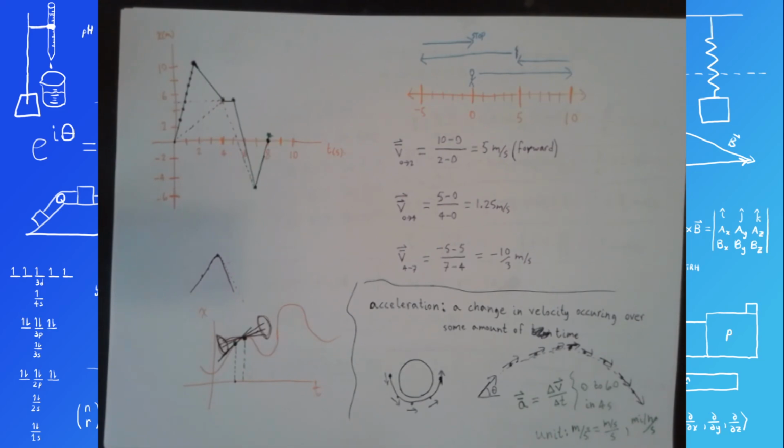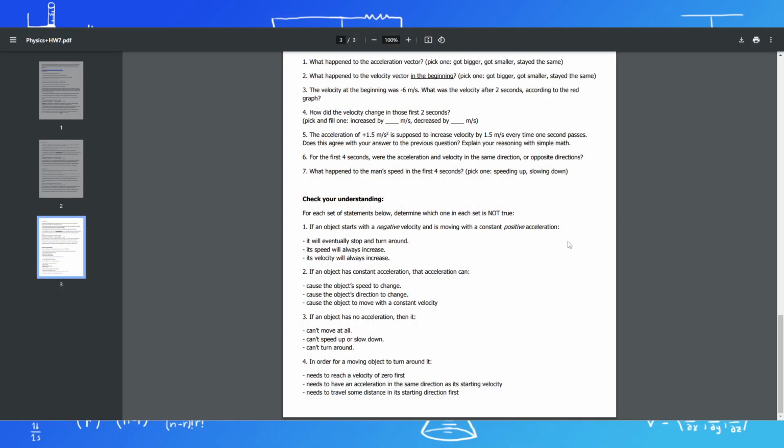So let's have a look now at these questions again. So I'll go over number 1 again. It says, if an object starts with a negative velocity and is moving with a constant positive acceleration. So say the velocity starts off as something like -5.